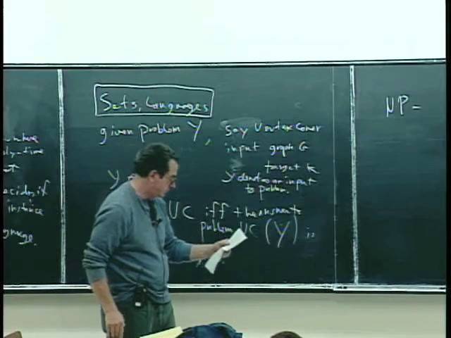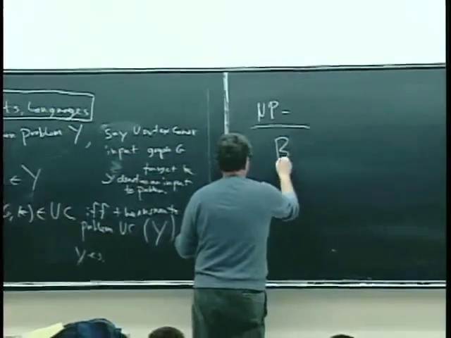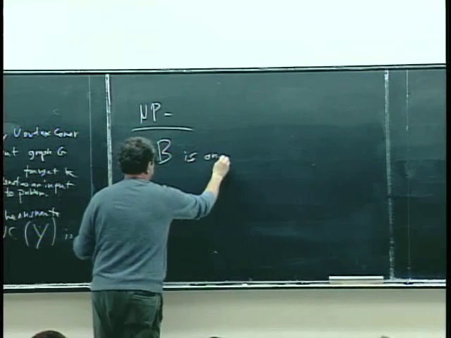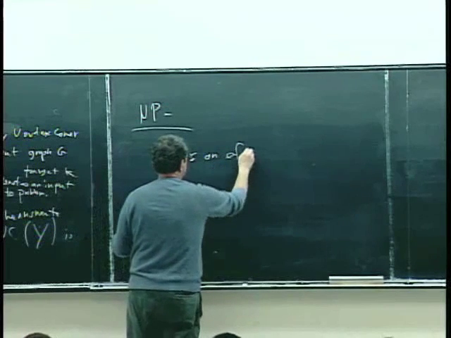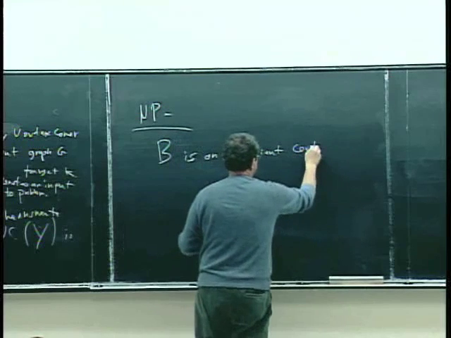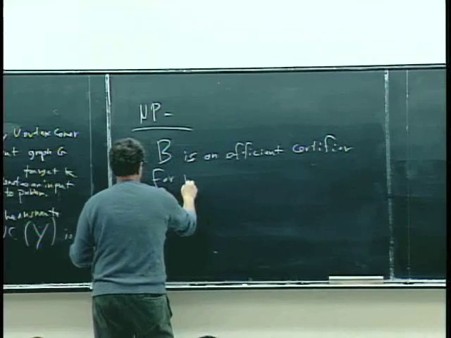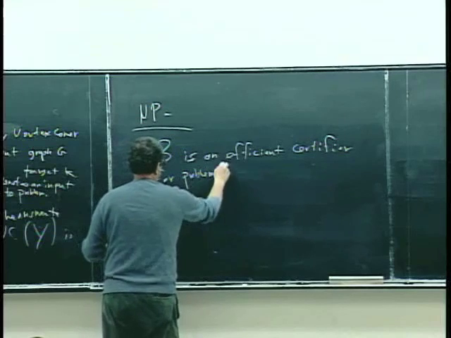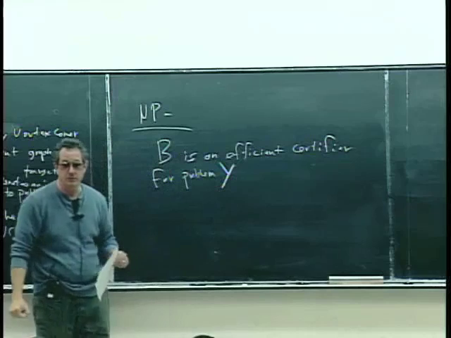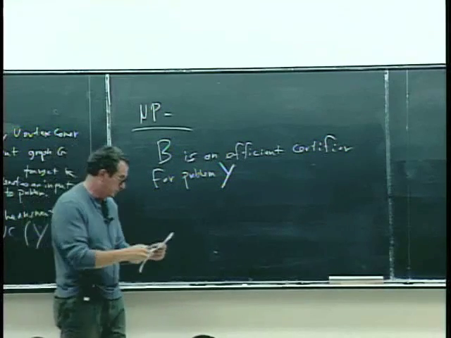So in order to get to NP, I want to define B, that's an algorithm, is an efficient certifier for problem Y. So Y is again a problem. You can think of it as vertex cover if you like, or whatever problem you like. It's a decision question, decision problem, yes or no answer.